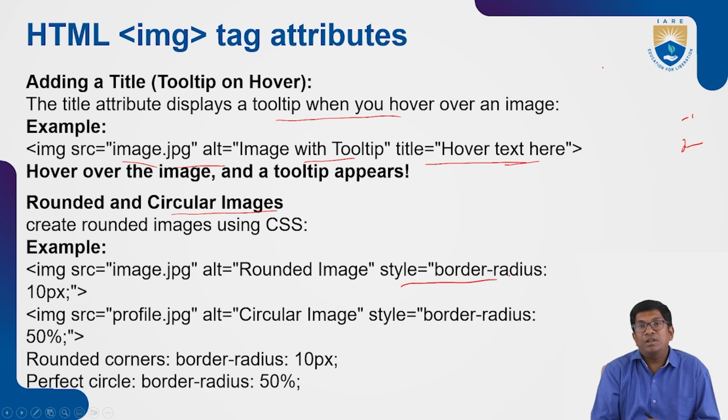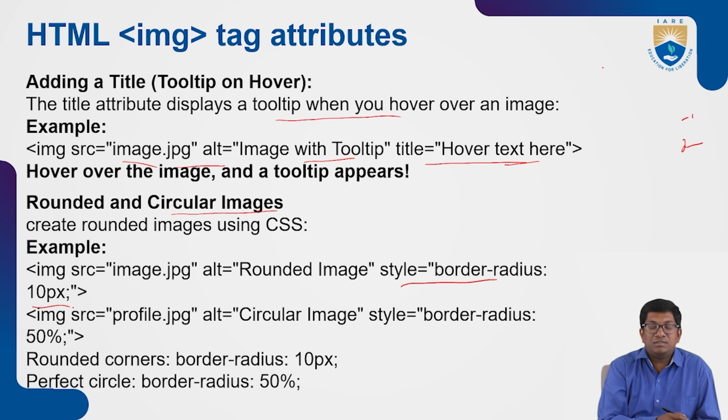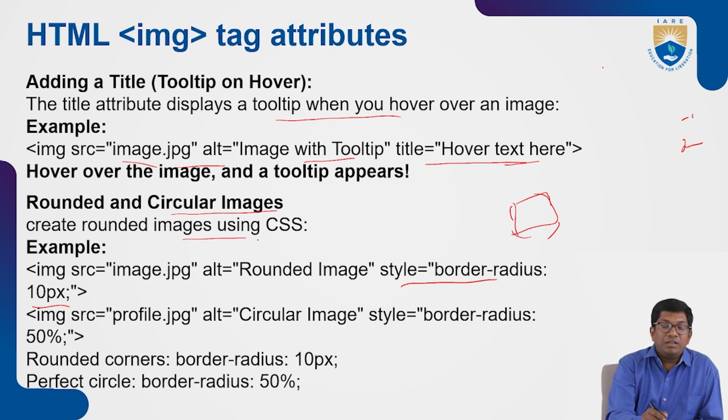In the style you have to use border-radius equal to 10 pixels. Then it displays the image in a square with rounded borders and corners. So we create rounded images using CSS. If you want to add circle images, then you have to use border-radius equal to 50%.